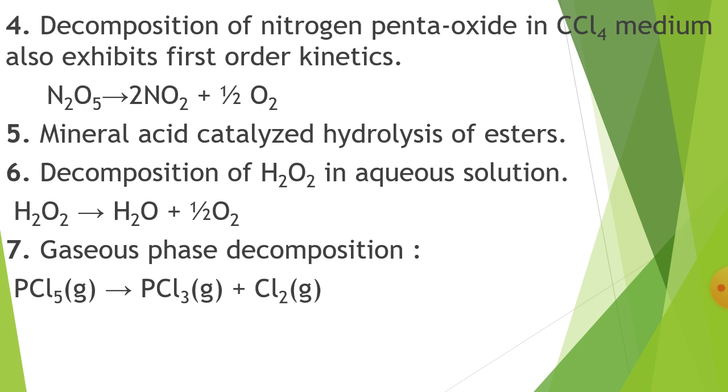Axial bondings are always weaker than equatorial bonds. That's why when PCl5 is heated, it breaks into PCl3 and Cl2, and hence PCl5 also behaves as a chlorinating agent. But here you only have to know that this follows first order kinetics.